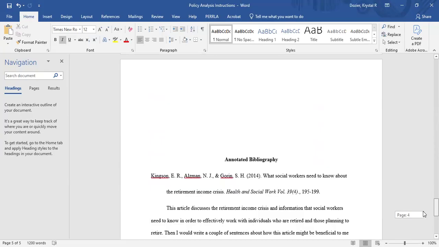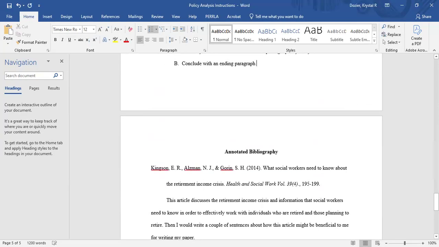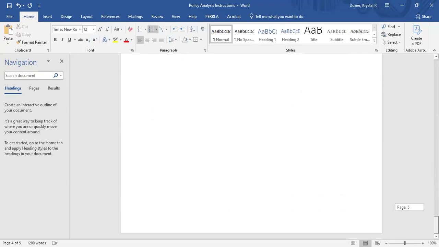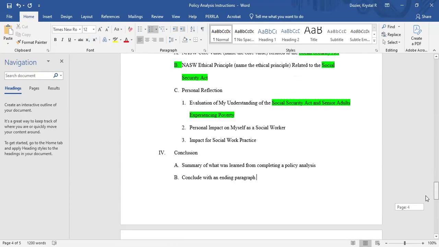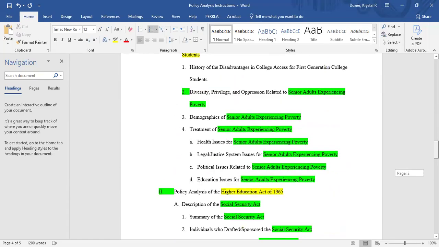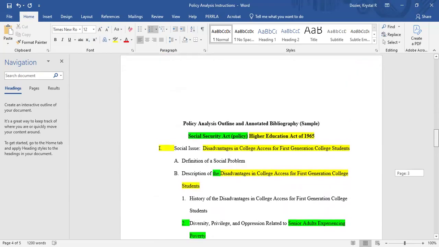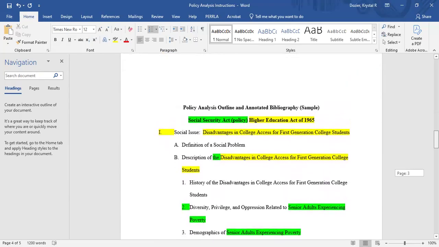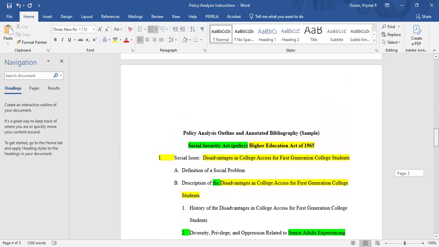I've got a little space right there. My formatting shifted a little bit. No more than about four pages, roughly, depending on what your spacing looks like for your outline. Your outline is two pages, okay? And it formats a little bit weird sometimes when I start typing in.